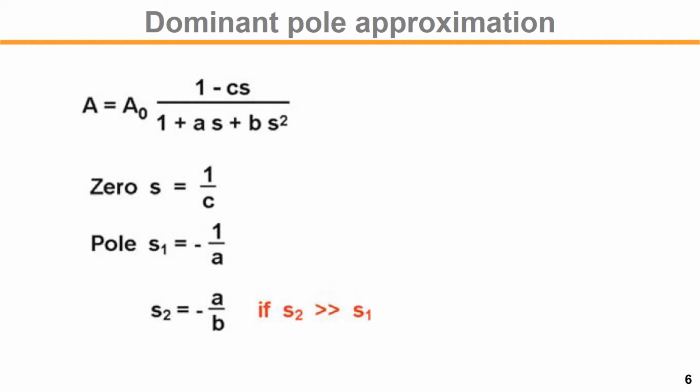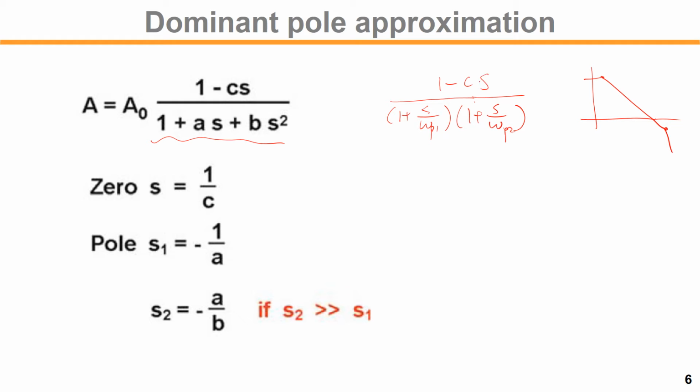In the previously derived equation, the denominator was very complicated. If we assume that the dominant pole and non-dominant pole are widely separated, the denominator is 1 plus s over omega p1 times 1 plus s over omega p2, which expands to 1 plus s(1/omega p1 plus 1/omega p2) plus s squared over omega p1 omega p2.